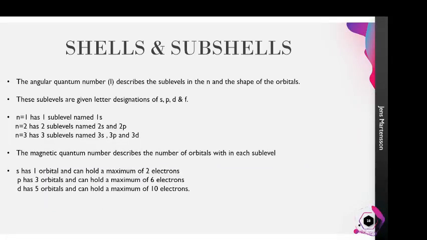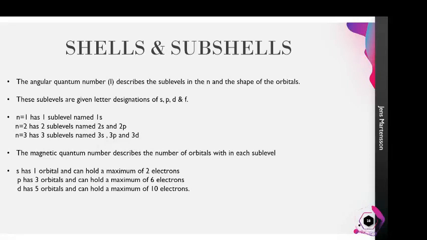The angular quantum number l describes the sublevels in n and the shape of the orbitals. These sublevels are given the letter designations s, p, d, and f.